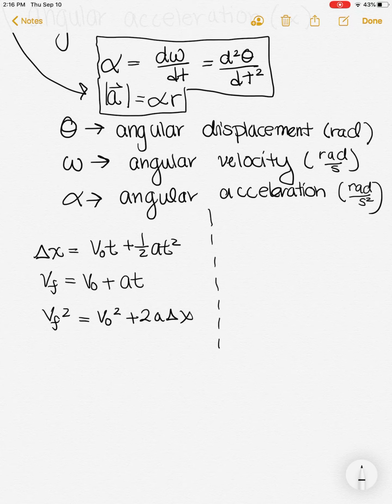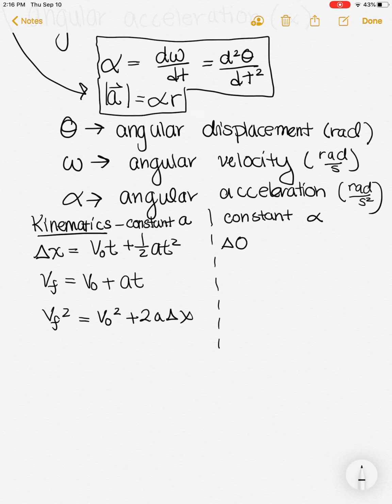And we can basically get similar equations if we have constant angular acceleration. So in kinematics, we need a constant acceleration. In this case, we need a constant angular acceleration. And then we have the analogs of delta theta is equal to omega naught t plus 1/2 alpha t squared.